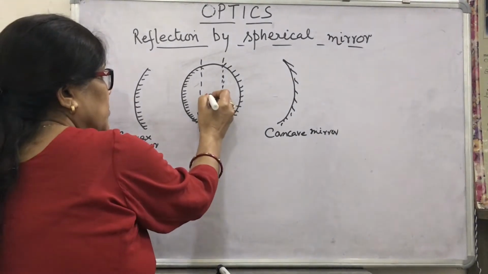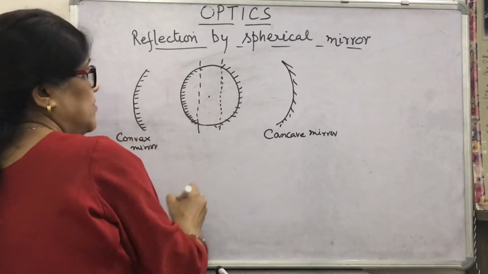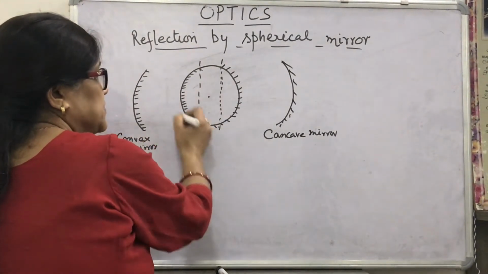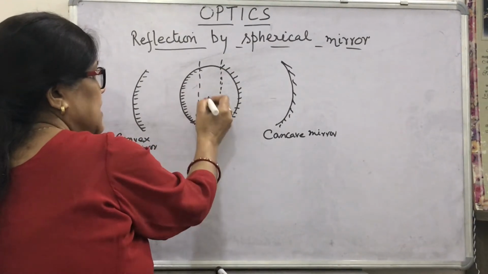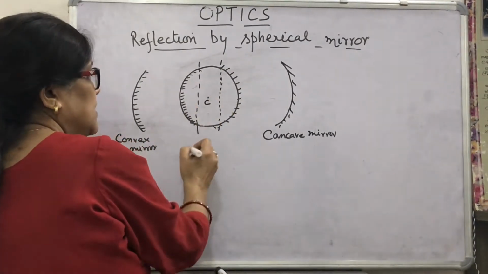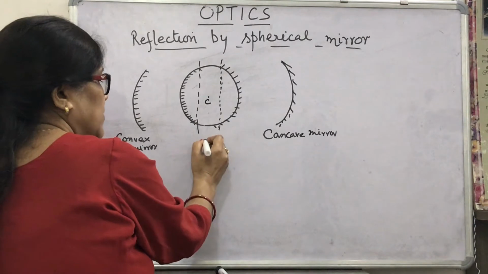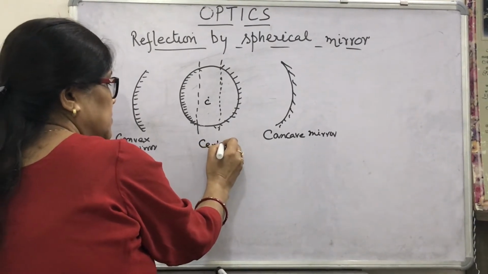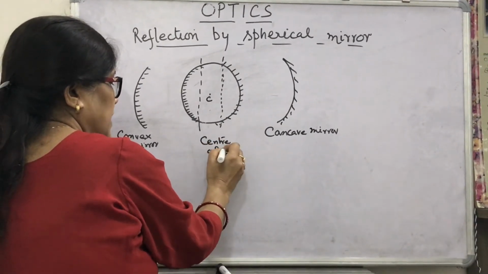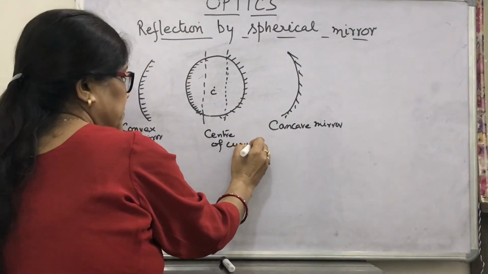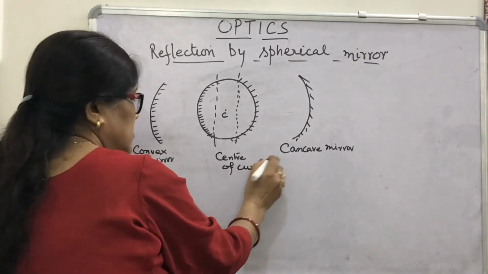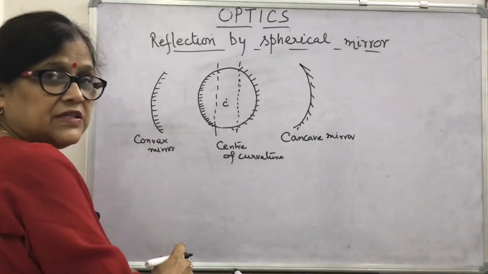Now both the mirrors are made from a sphere of glass having this center. This is called the center of curvature. In the mirror diagram, it is a very important point to learn how you will define the center of curvature.